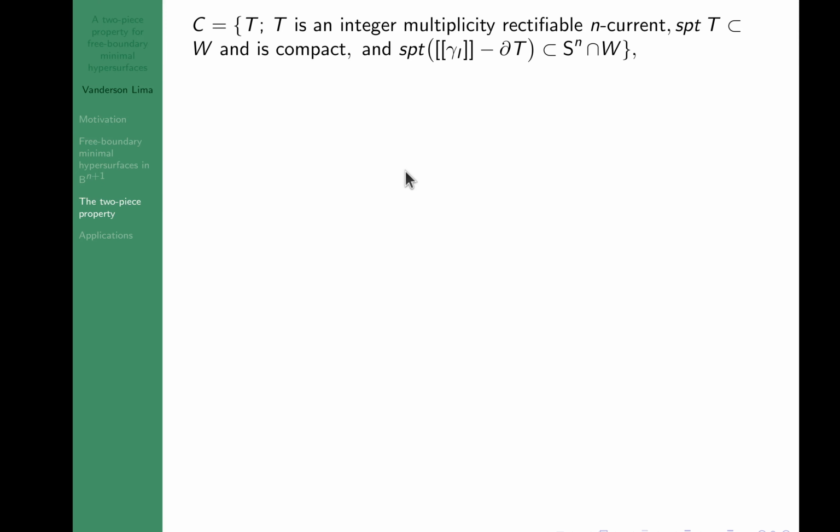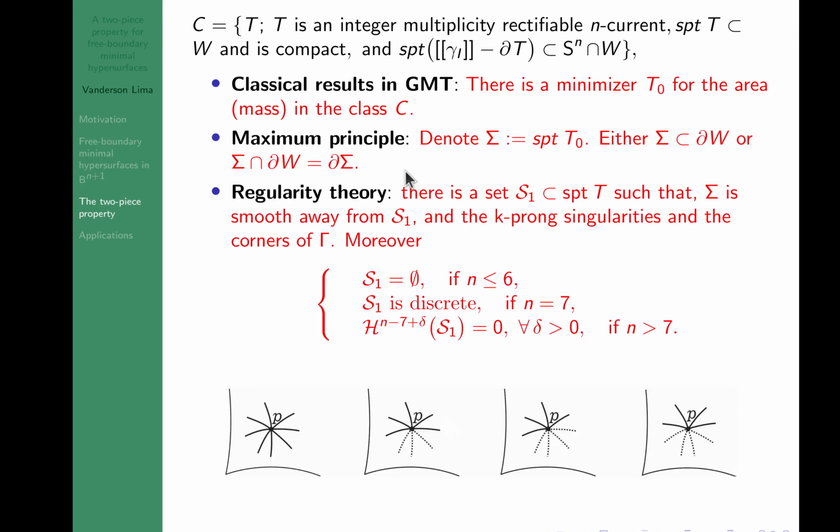And there are also the so-called K-prong singularities, which is the case where the hyperplane is tangent to my hypersurface M. By the maximum principle, I know that the hypersurface cannot be on only one side of this plane, so there are components on the two sides, and the picture will be something like that.